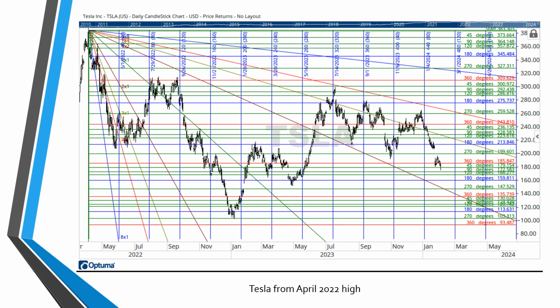taking a much broader picture here from the April 2022 highs, you can see that the trend really is all over the place on Tesla. We have these big drawdowns, these counter trend rallies, big drawdowns, counter trend rallies. We're in the middle of a big drawdown right now. Where could we go?